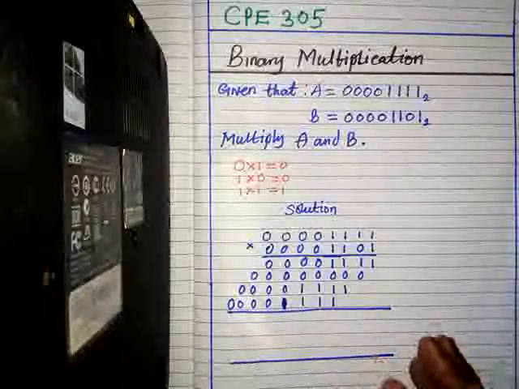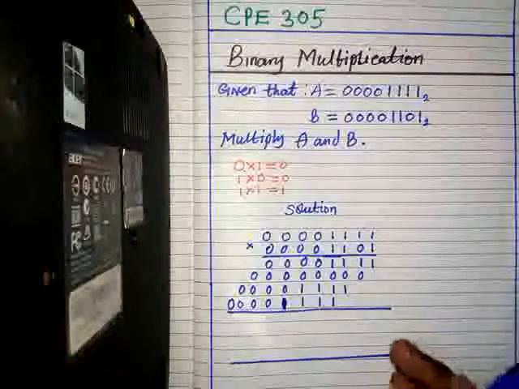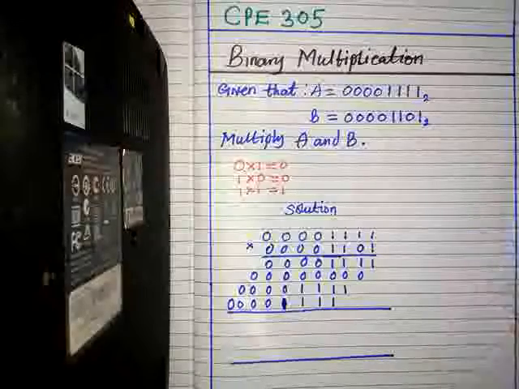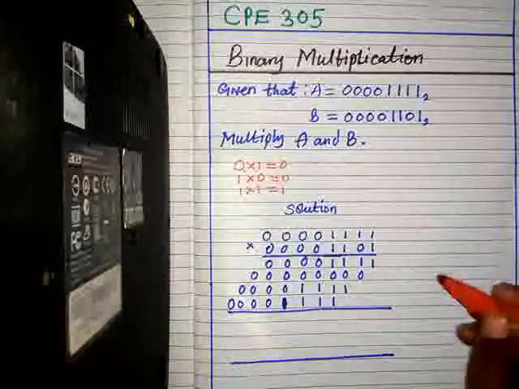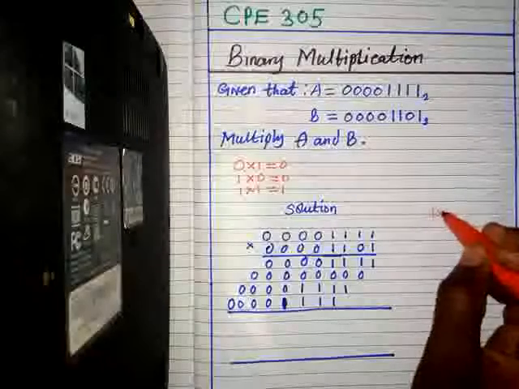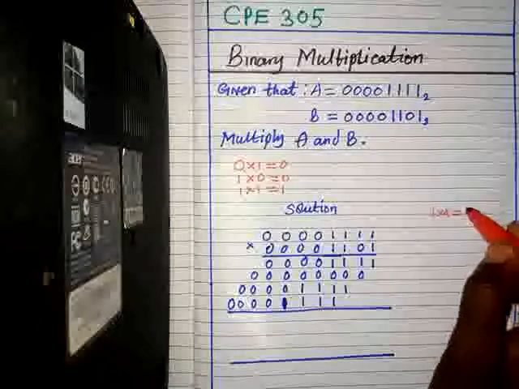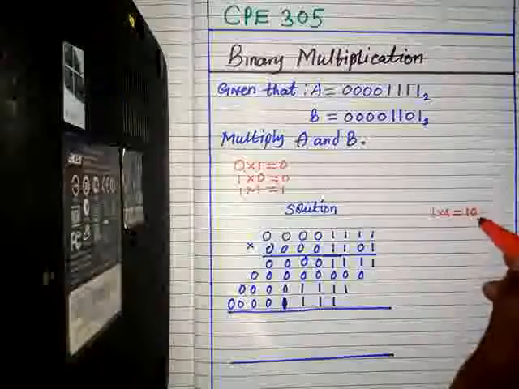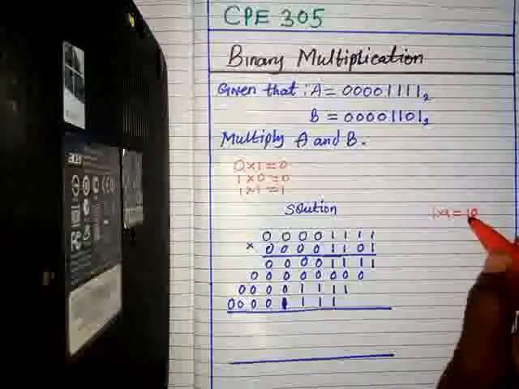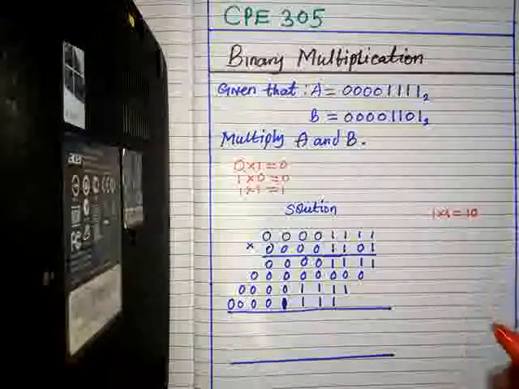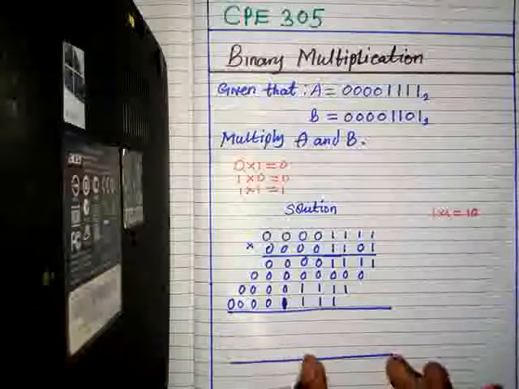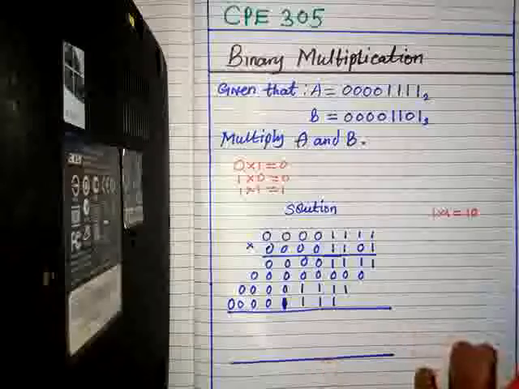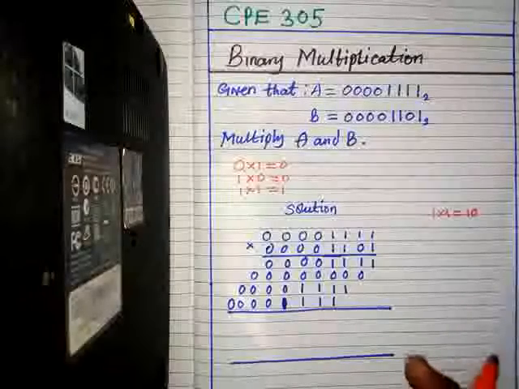For example, when you add 1 and 1, it will give me 1 0, so I keep 0 and this 1 will be a carry.